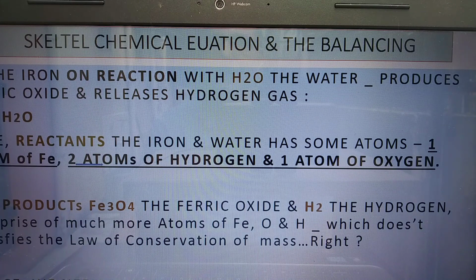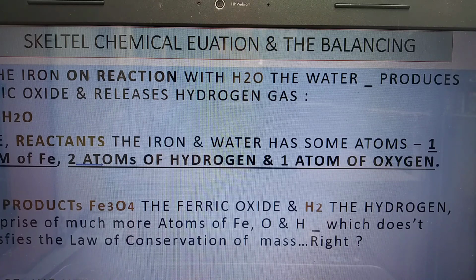Fe, the iron, on reaction with H2O produces ferric oxide and releases hydrogen gas. Fe plus H2O. Here these are the reactants. The iron and water have some atoms: one atom of Fe, two atoms of hydrogen and one atom of oxygen, right?